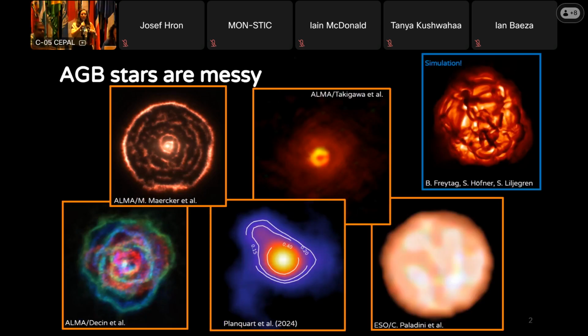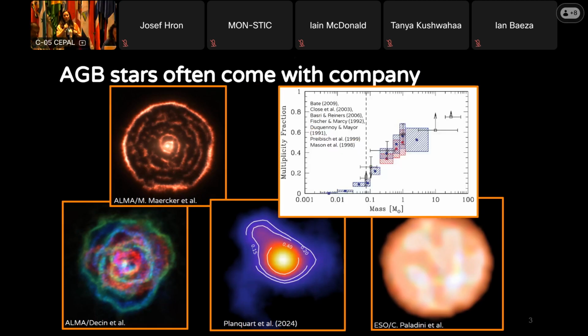So for people like me who care about the nucleosynthesis, about the fact that these stars also make about half of the heavy elements that we know, looking at the atmospheres of these stars and trying to do elemental abundances is something that only very few, very brave people do, and I'm not one of them. But lucky for me, these stars also come with company very often.